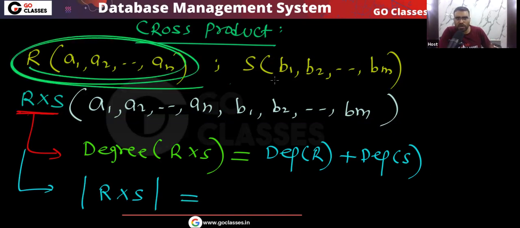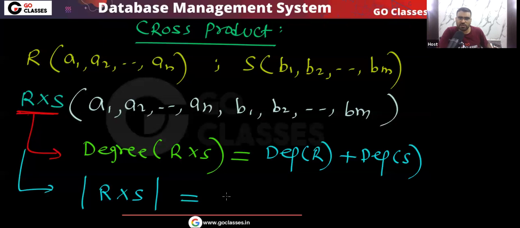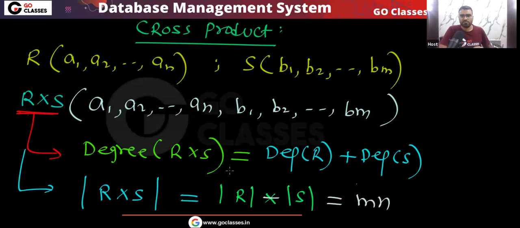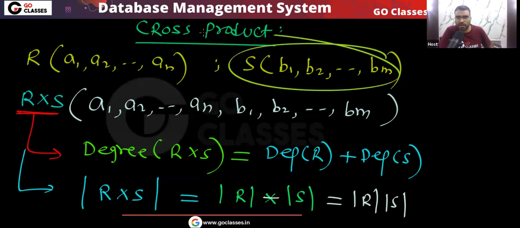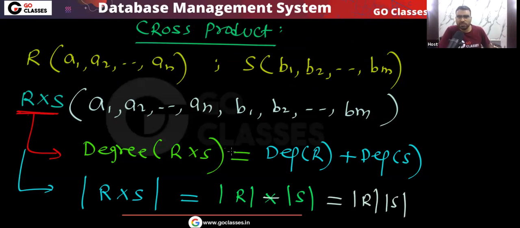Remember, every tuple of R will combine with every tuple of S, so the cardinality will be cardinality of R multiplied by cardinality of S, that is, number of tuples in R multiplied by number of tuples in S. Actually, n is the degree of R and m is the degree of S, so the degree of R cross S will be m plus n.